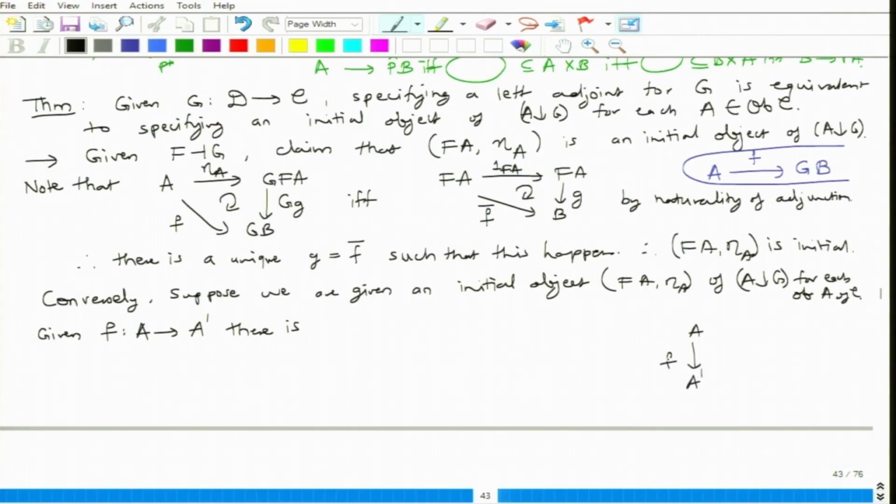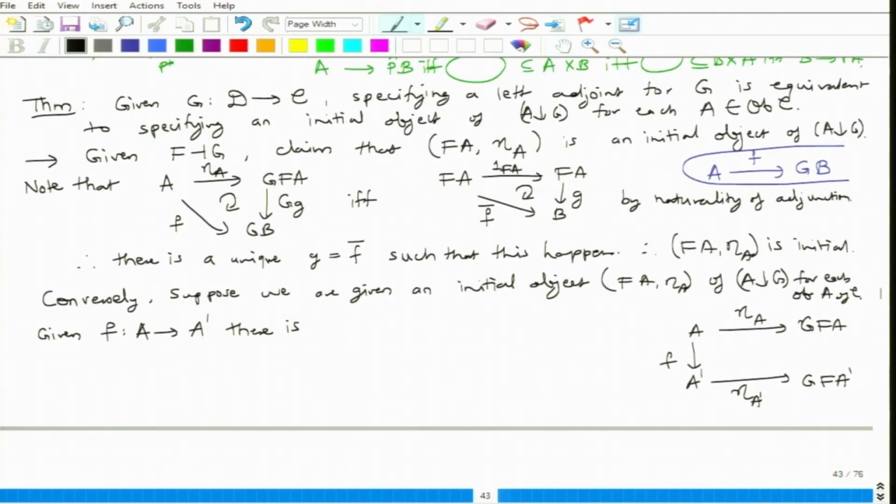This is F. Then eta A is a morphism from A to GFA, and eta A prime is a morphism from A to GFA prime. But ultimately in this picture what you see is that there is a pair of morphisms leaving from A. The other one is a composition, eta A prime composed with F.